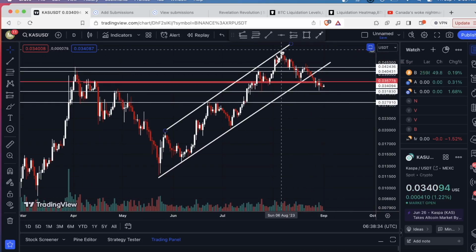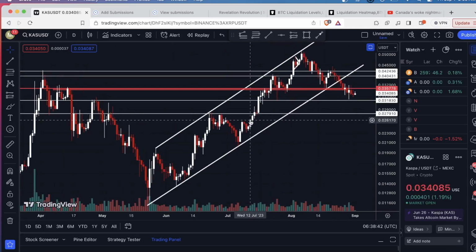And of course, the actual projected breakdown target from this head and shoulders is going to be right here. I think that was around 0.025924, right at the top of here. So you can mark that in your chart as well if you want. That's going to be the breakdown target from this particular pattern.